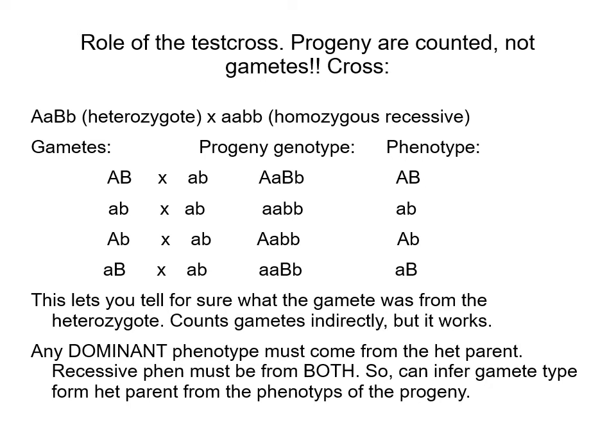Finally, the last one, little a, big B, the big B must have come from the heterozygote, and all the other alleles are recessive. So the point is that you can make a cross, measure progeny, and know for sure, infer what was present in the gamete from the heterozygous parent. And that enables us to count progeny to do mapping, not just count gametes, which you can't do anyway.